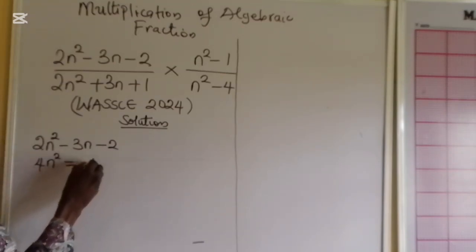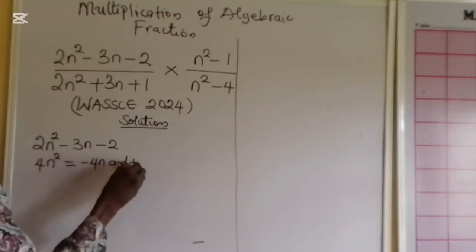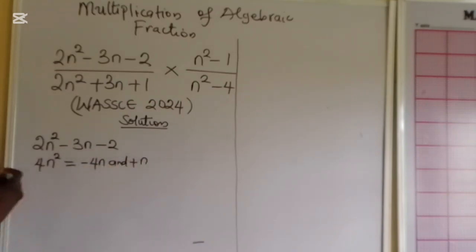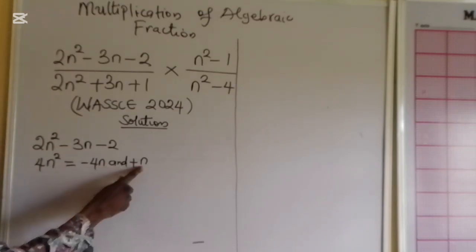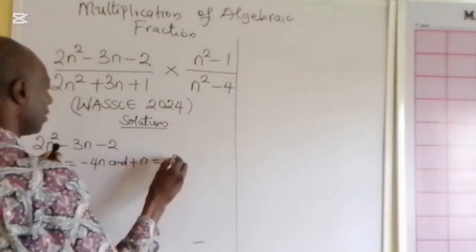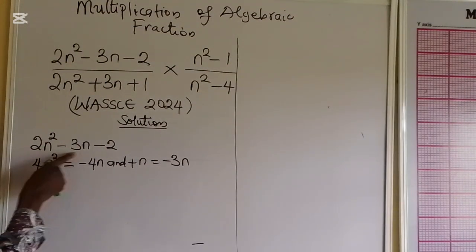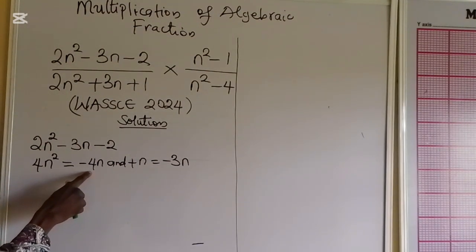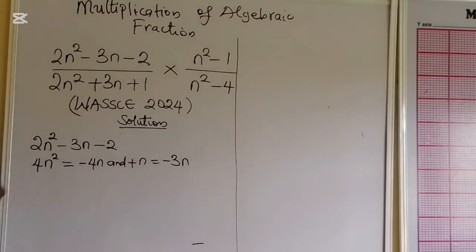It will give you −4n and +1n. Okay, you are owing me 4 naira, you have 1 naira you pay me, you are still owing me 3 naira. So in place of −3n, I'm going to put −4n plus 1n.